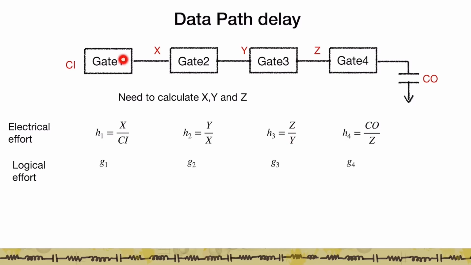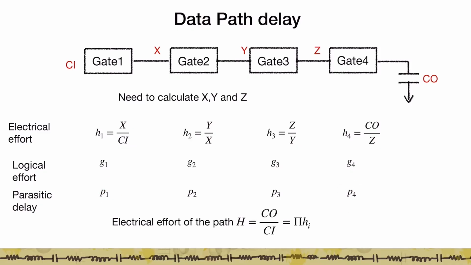Now let's assume that each of these gates has a certain logical effort, numbered G1 to G4. And let's also assume that each of them has certain parasitic delays, numbered from P1 to P4.